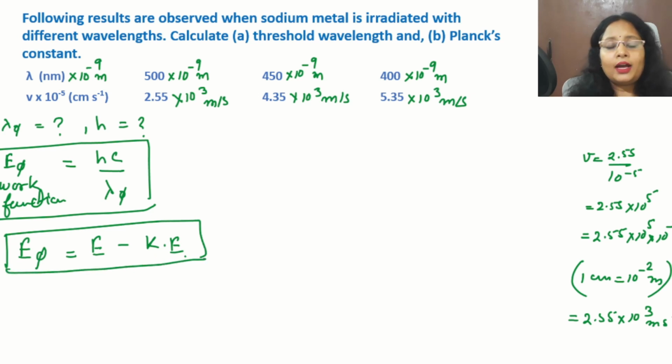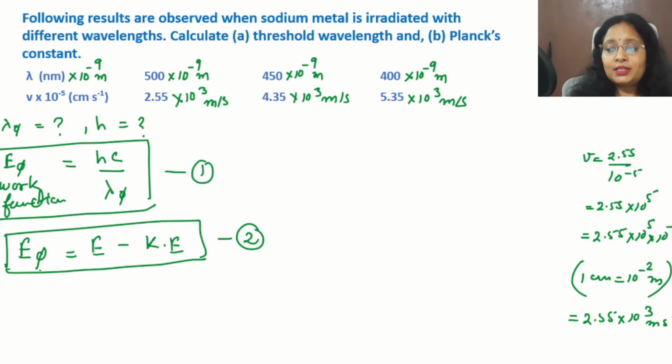First we calculate the work function. If we get the work function, then we will put it in equation number 1 and we will get the threshold wavelength. This is equation number 2. So equation number 1, we will start from equation number 2. Work function is equal to energy of the photon minus kinetic energy. But again, we don't know the energy of the photon and the kinetic energy. For this too, we need to calculate the energy of the photon.